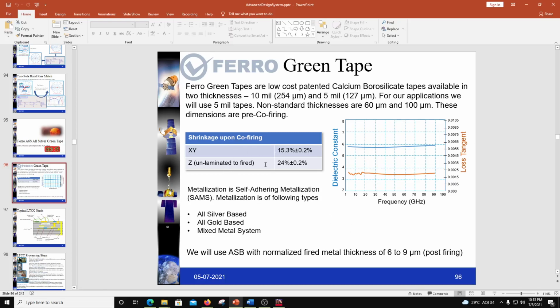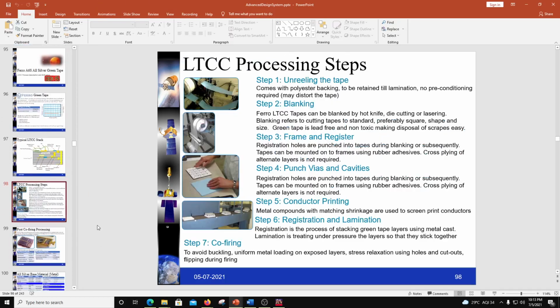Here you can see this LTCC basically comes as semi-solid green tapes, right? And there are different steps involved here. These are provided in reels, and in these reels there is a plastic backing on the tapes, right? You do not remove the backing.